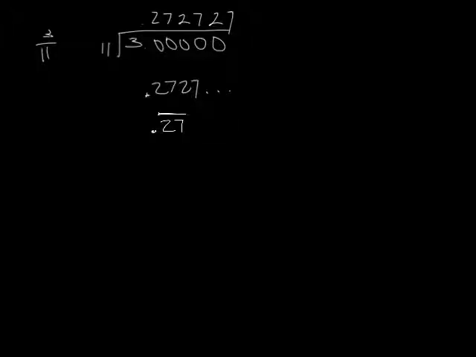Either way works. When you get into higher level math, usually, at least what I've seen, it's the dot, dot, dot rather than a line over it. But anyway, that is a way to show repeating decimal places, is what those are called.